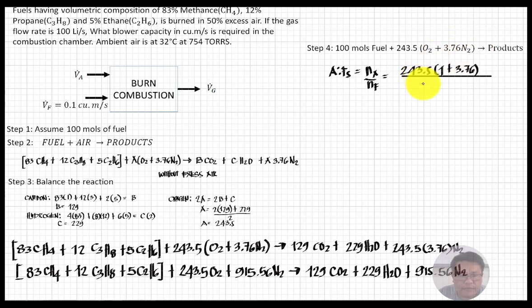Then we're going to divide this by the moles of fuel. Take note, we'll be using 100 moles, so I'm going to write 100 here. Getting the quotient, that will be your stoichiometric air fuel ratio, which is equal to 11.6.